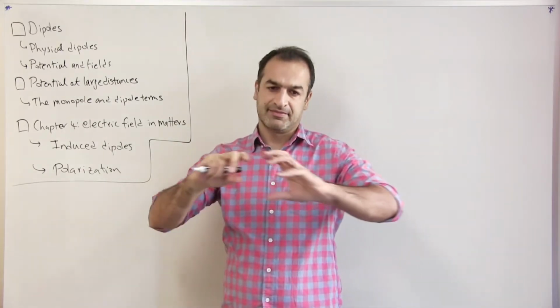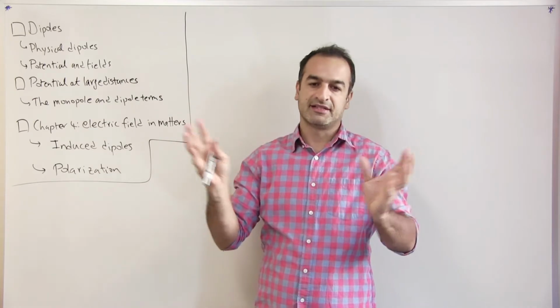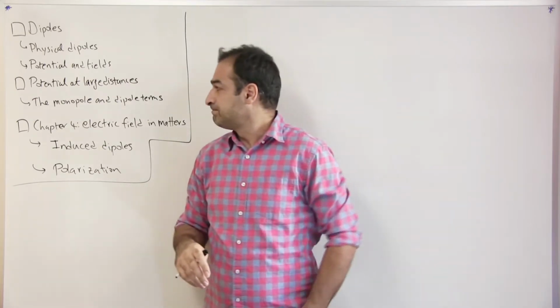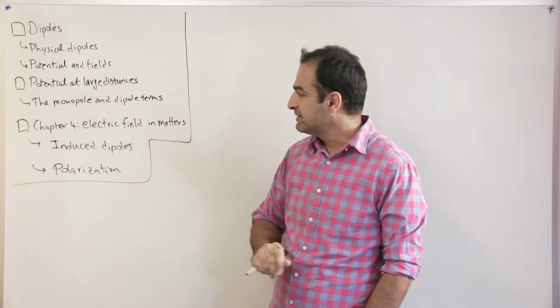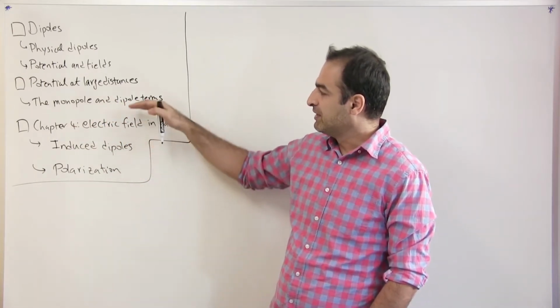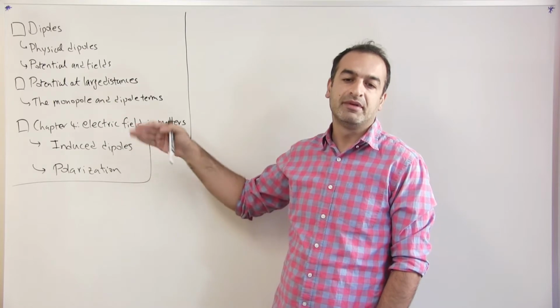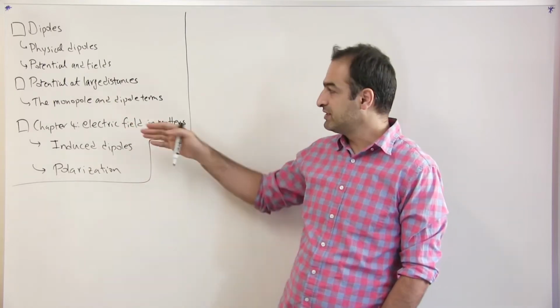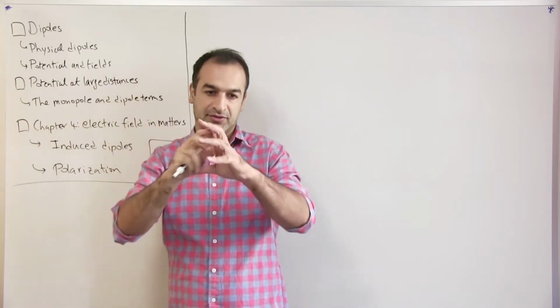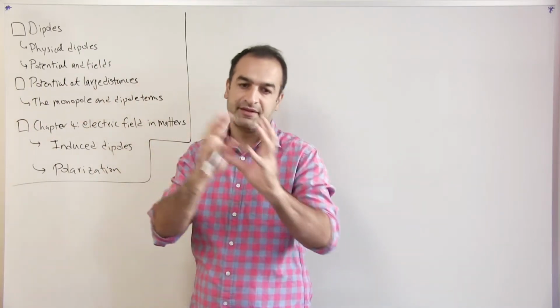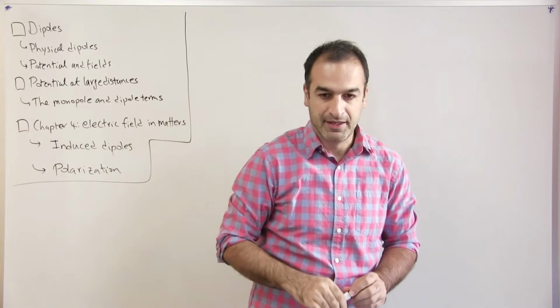We're going to use a Taylor expansion type of approximation, and look at the monopole and dipole terms. And then hopefully I have time to give you a bit of introduction on chapter 4, which is actually related to the dipoles and some of the discussion in chapter 3. So there's a good flow from the end of chapter 3 to chapter 4.